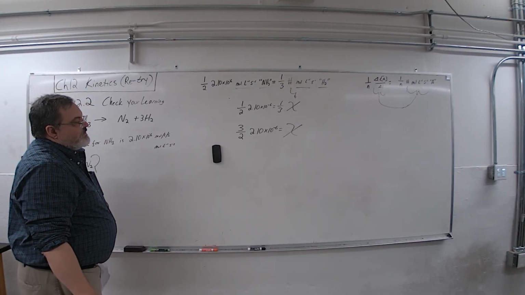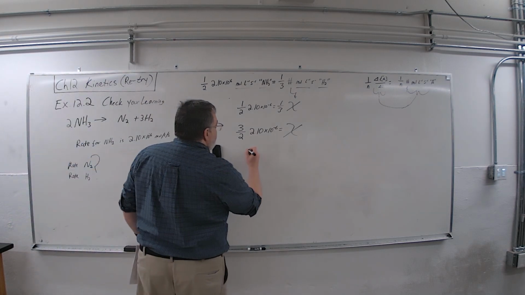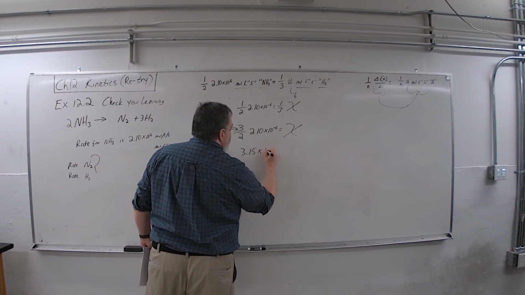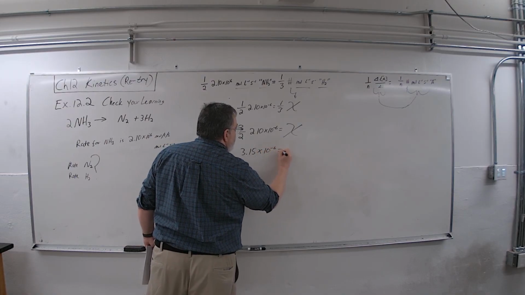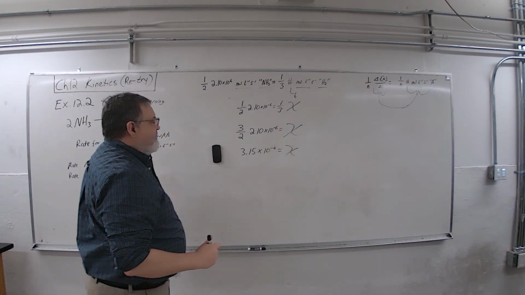So it should be 3 divided by 2. I didn't do that in my head, I cheated. That's what you get for H2.